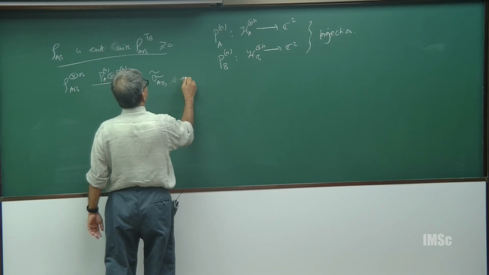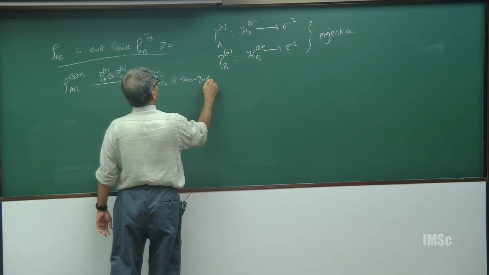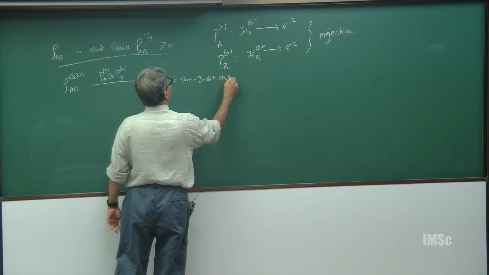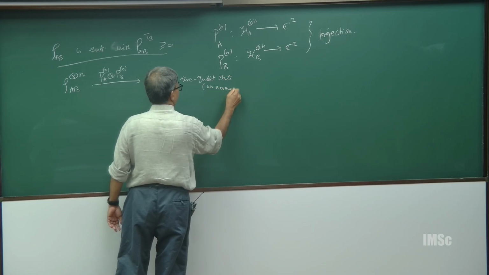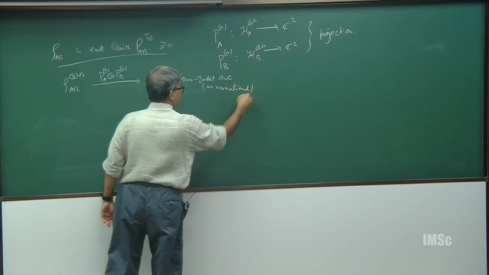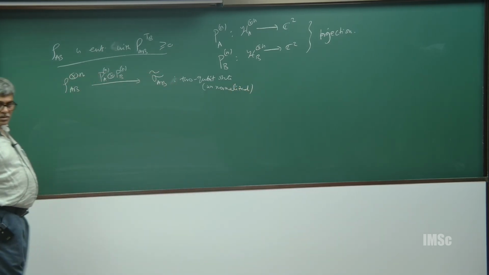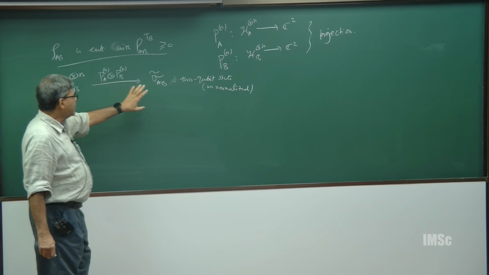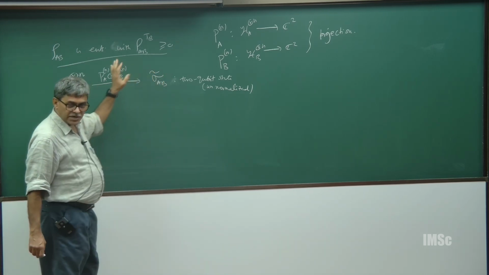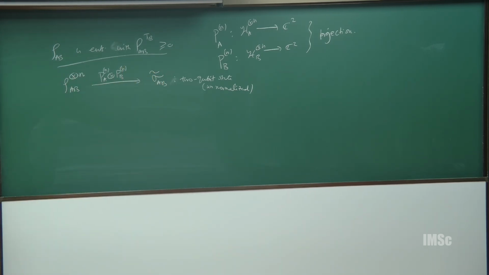It is a 2 qubit state, right? Of course, unnormalized in general. Do you agree with me? Because I am projecting it. So this has to be a valid unnormalized 2 qubit state because of projection.